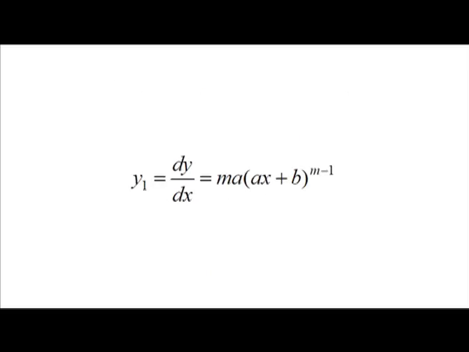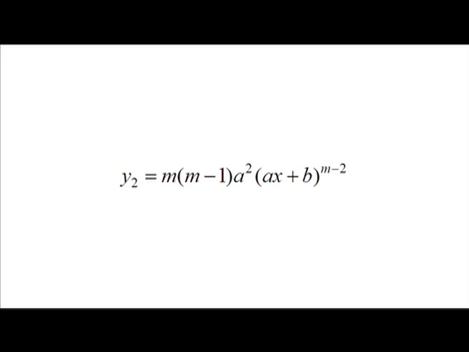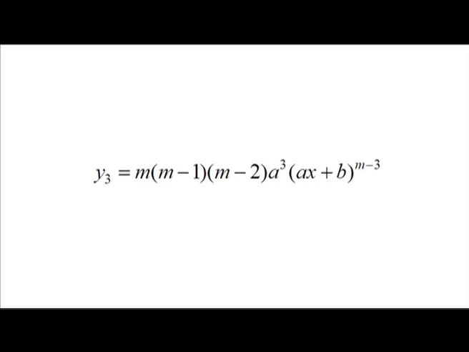That is, y1 equal to dy by dx equal to m into a into ax plus b all power m minus 1. Similarly, differentiating successively, we obtain y2 equal to m into m minus 1 into a square into ax plus b all power m minus 2, y3 equal to m into m minus 1 into m minus 2 into a cube into ax plus b all power m minus 3.